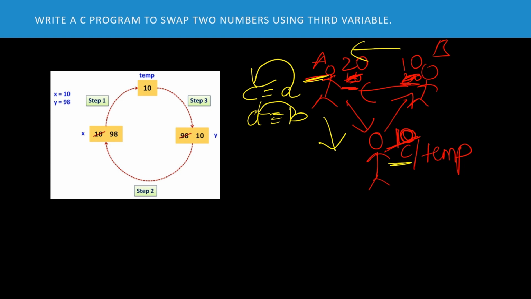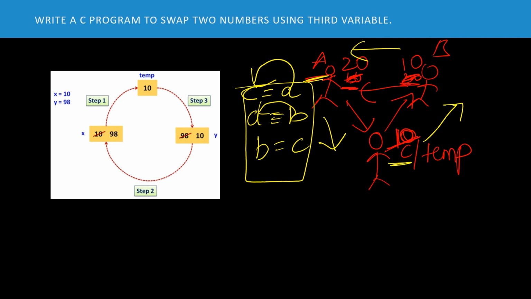It will assign the right hand value to the left hand. Now B value is given to A. After that, what do I need to do? I need to give C value to B, right? So B equals C. That's it. This is the logic.